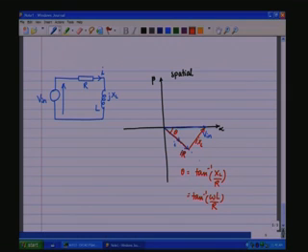Here also you see that the voltage across R, V R, and the voltage across L, V L, vectorially add up to equal V in, such that the voltage across the loop is 0. Kirchhoff's voltage law is valid, thereby upholding the principle of energy conservation.